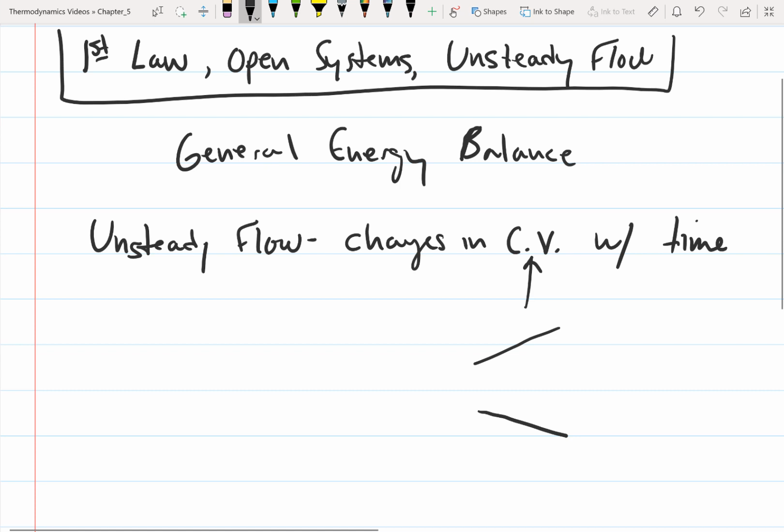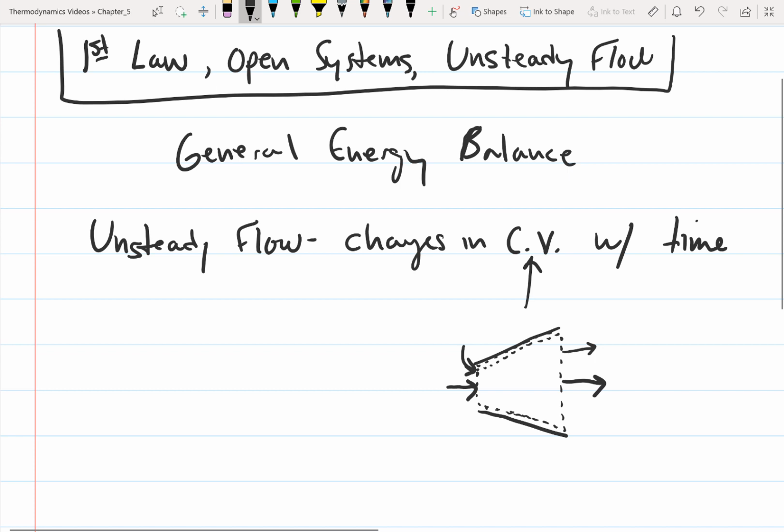So, for instance, if we have a diffuser, we would define the control volume like this. So then there's still fluid moving through the control volume, but we're looking at the fluid right here where it's coming in, and right here where it's going out, and then the walls of the diffuser form a natural boundary.